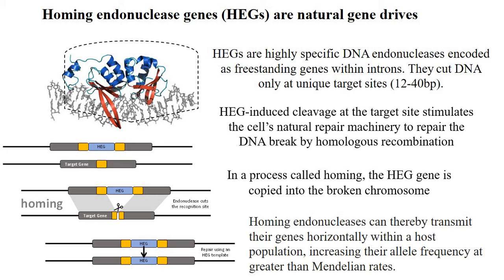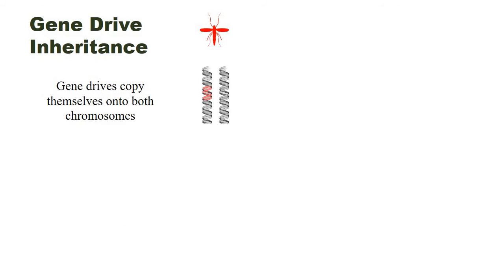So now they are homozygous for this gene as well. This increases allele frequency beyond the Mendelian rate. In Mendelian inheritance, only 50% of offspring should have the homing endonuclease gene, but because it goes through the homing process, all of the individuals will have it.